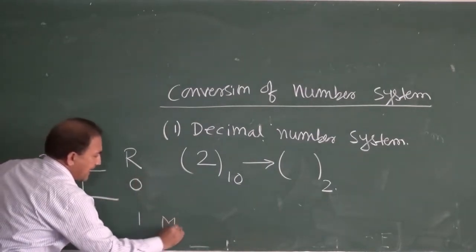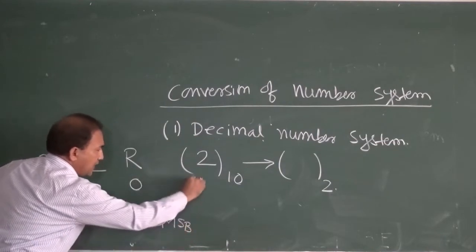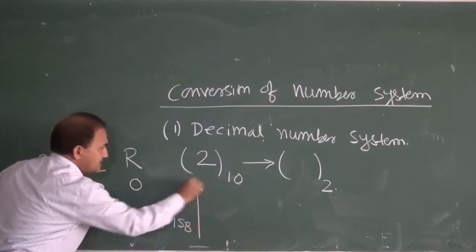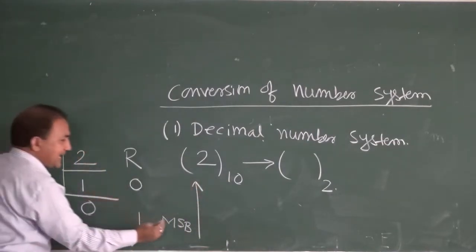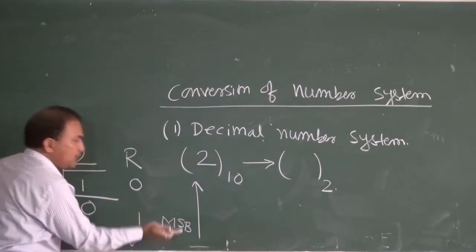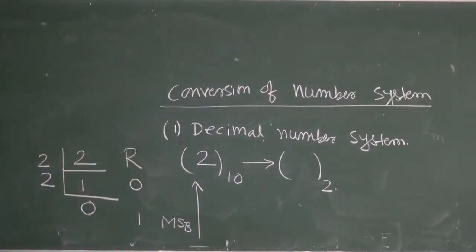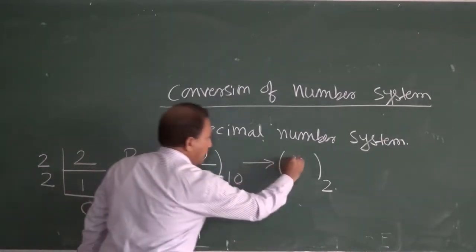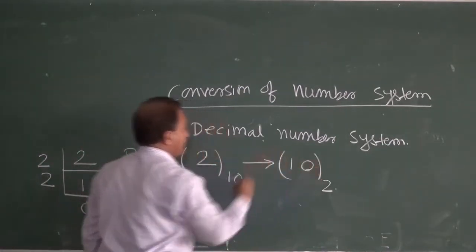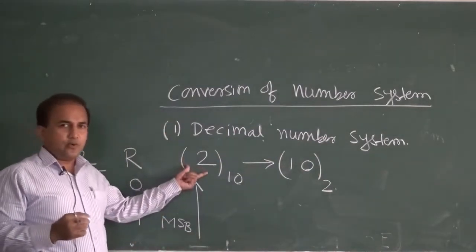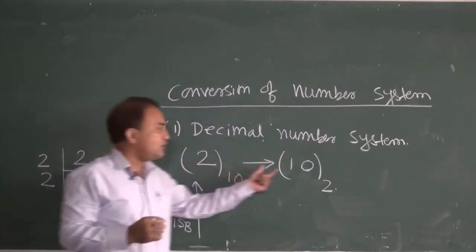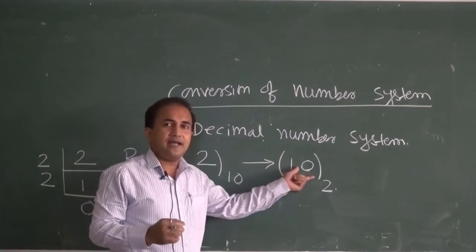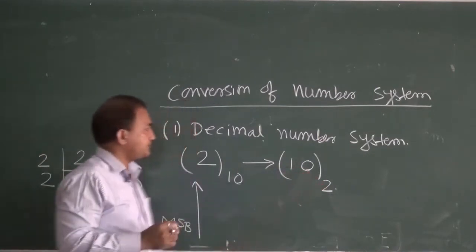So this is the MSD. You have to take the symbols from bottom to top. So it is 1 and 0. Decimal number 2 is equal to 10 in binary.